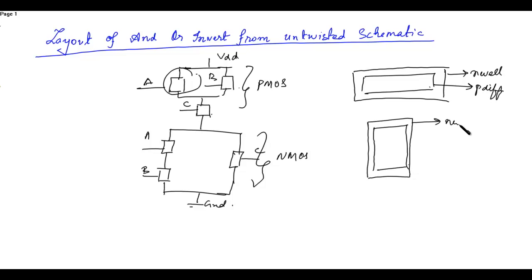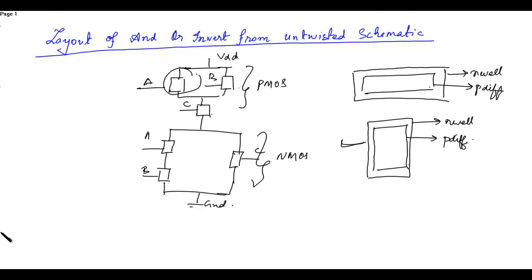So this will be the N-well and this will be the P diffusion layer. Okay, now you have to draw the layout in this form.